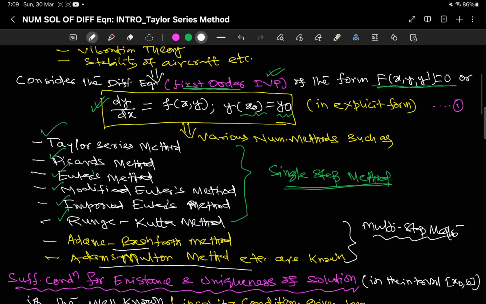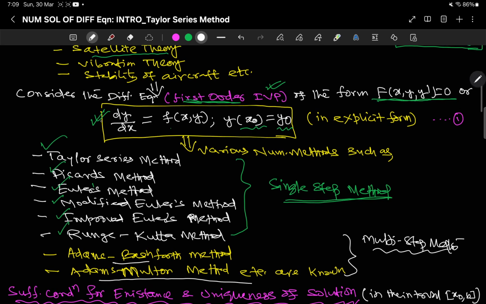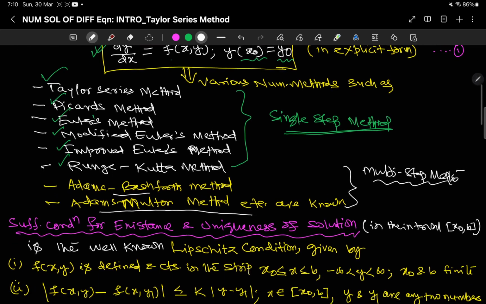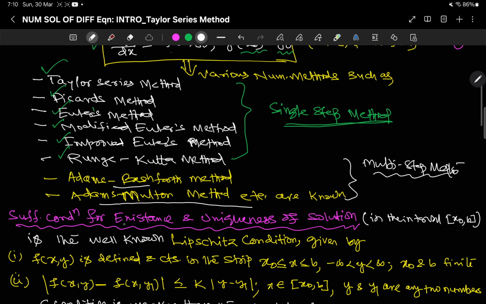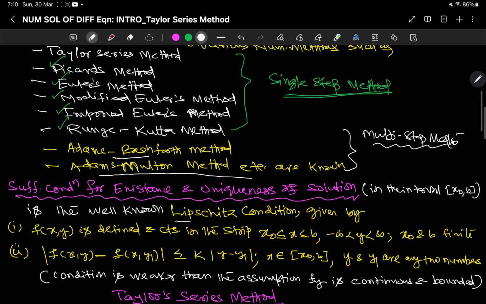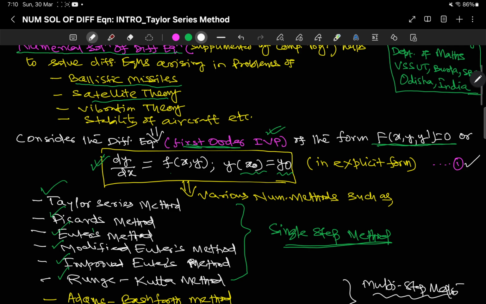Now, as we are talking about the solution of the differential equation dy/dx is equal to f(x, y), y(x0) is equal to y0, we must know the sufficient conditions for the existence criterion of the solution, and it is under the Lipschitz conditions. You are given a differential equation as in equation number 1.